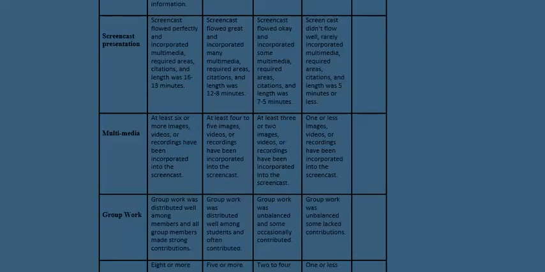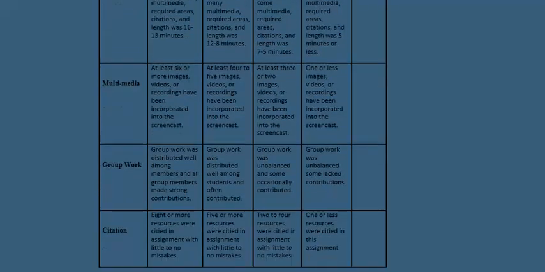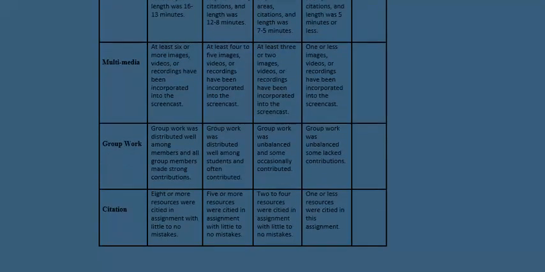Another thing is you want to have at least 6 or more images. Group work: you want to have all group work distributed equally and everyone making strong contributions. Citations: since there are a lot of videos and such, you're going to want to have 8 or more.